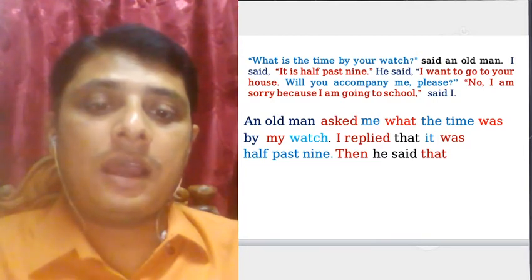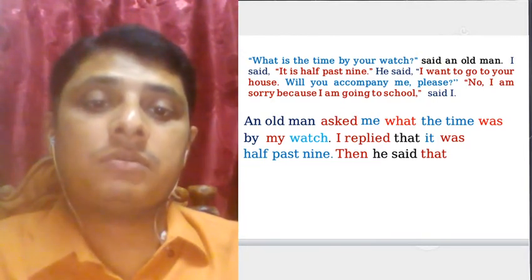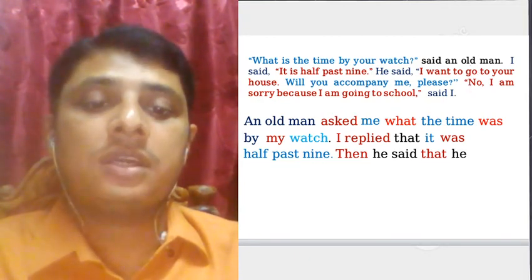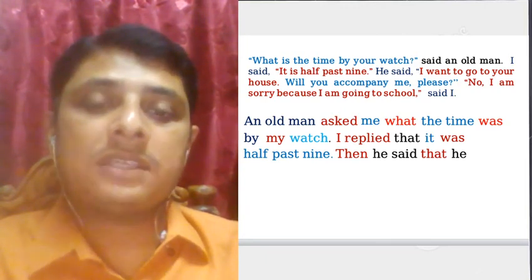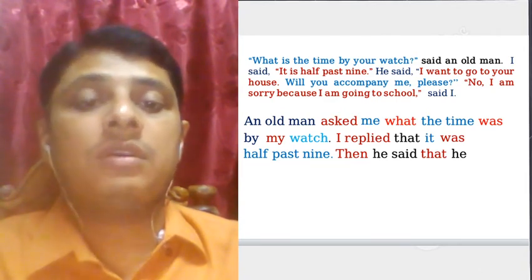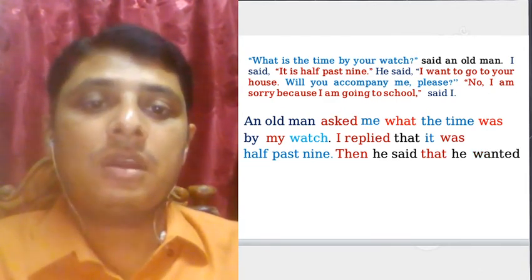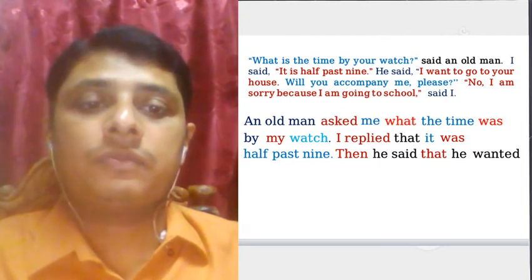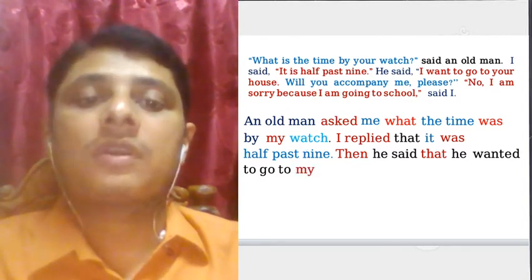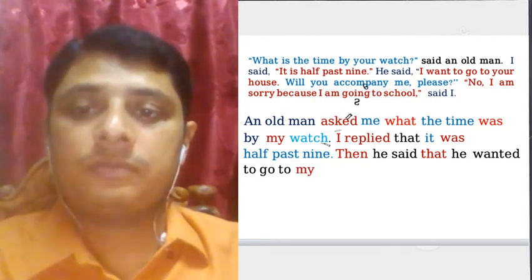Then I, first person, depends on the subject, here he, third person, there is no change, so he. Want is present tense, so that would be wanted, to go to your. Second person, object is me, so my, and then house.